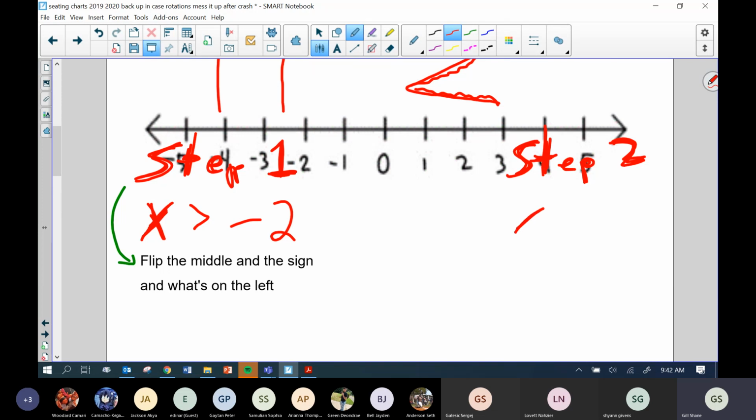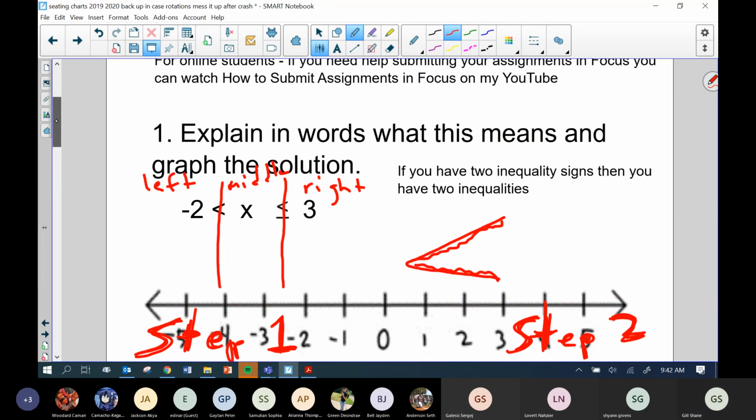I'm still going to start with whatever's in the middle. So now if I go back up, I'm going to ignore everything that's on the left, including the left inequality sign, and just look at the middle and the right.